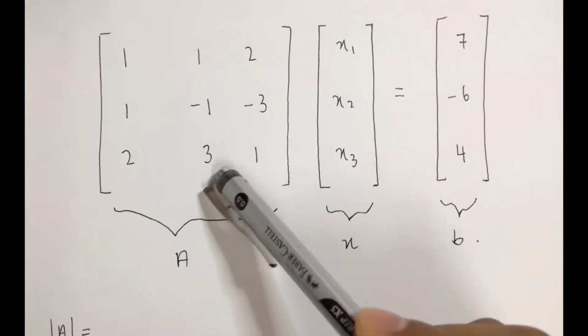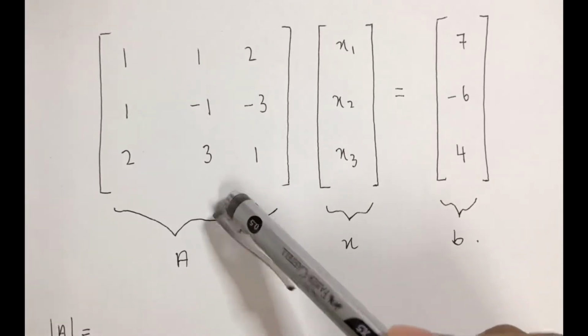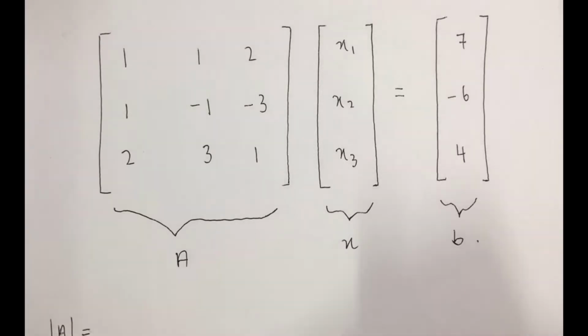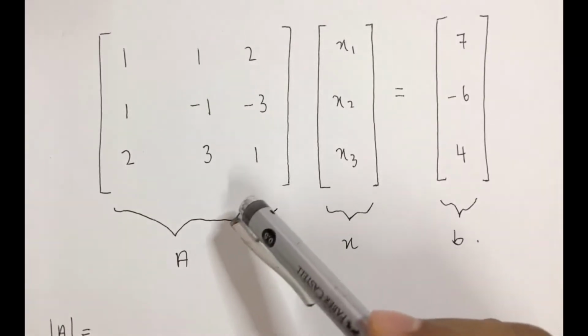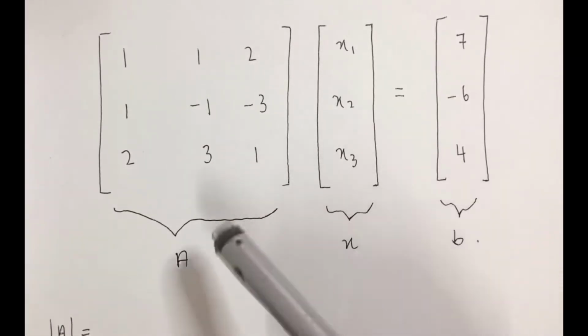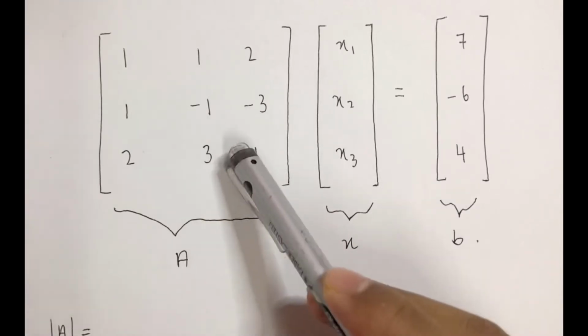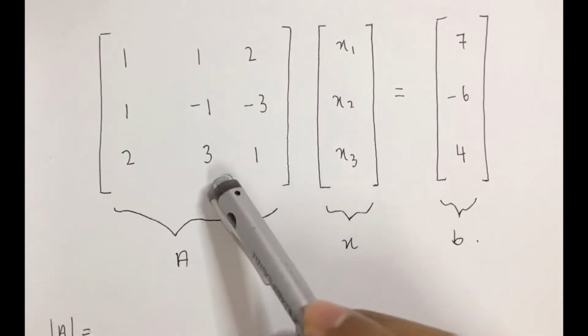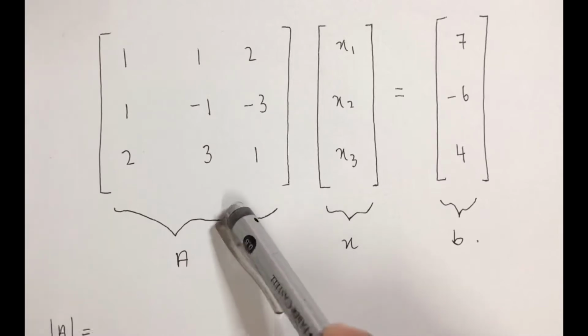If the determinant is 0, then your work is finished because the matrix has no inverse. But for this question, the matrix has an inverse, so you can find it.